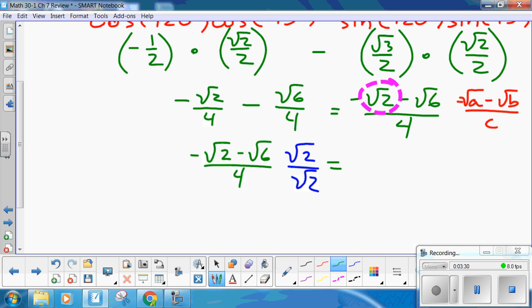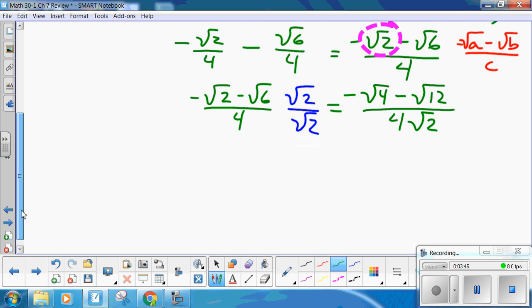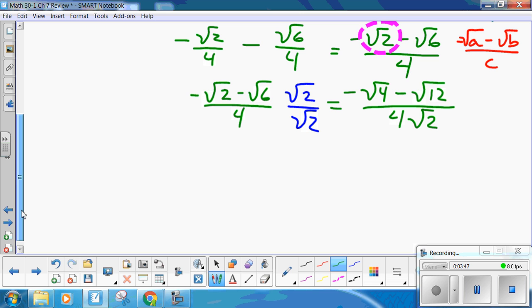So this becomes minus root 4 minus root 12 over 4 root 2. Can we simplify this? Yes, we can. I'm going to stop for a moment. I want you guys to pause the recording. I want you to simplify each of these radicals as much as you can, then come back and we'll talk about it. So pause the recording.